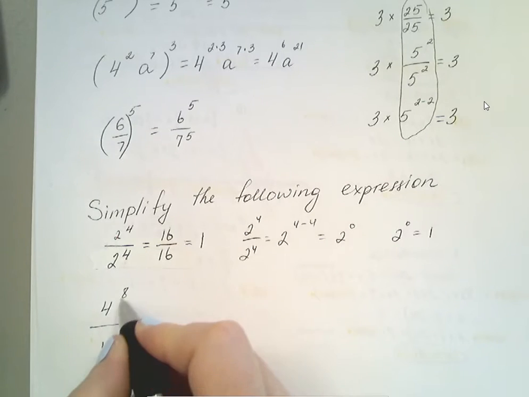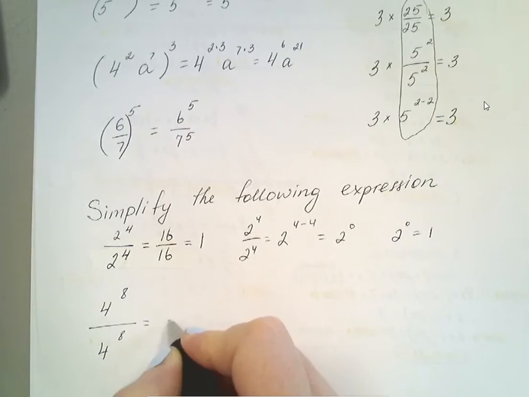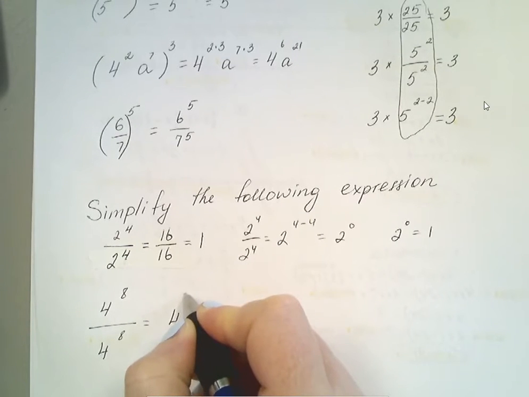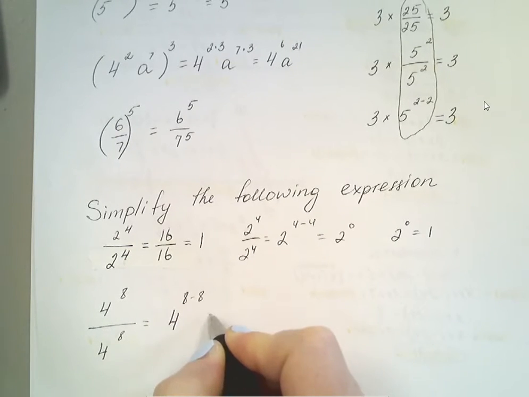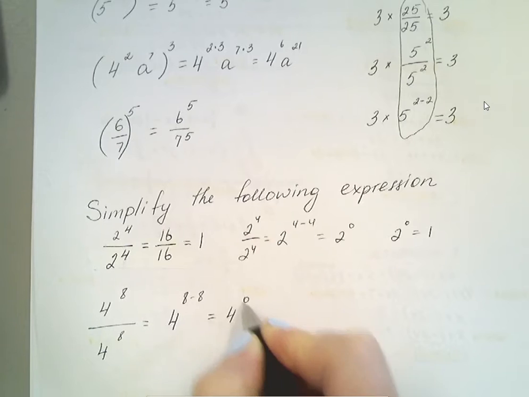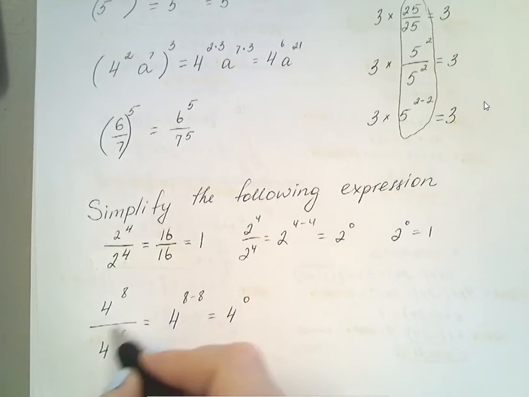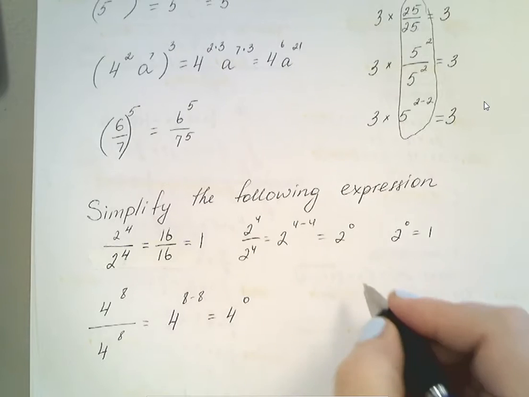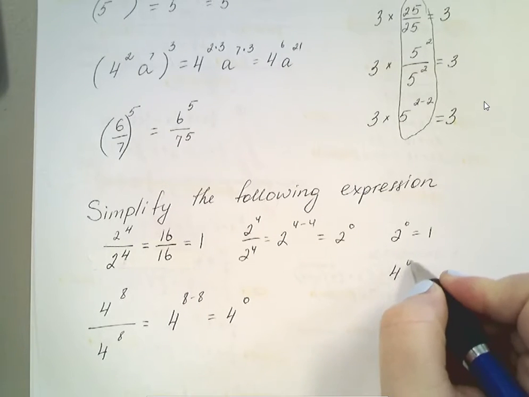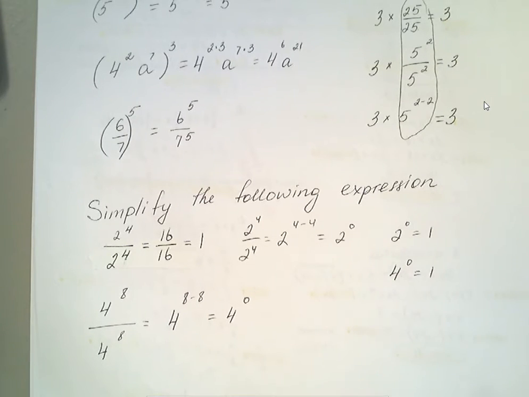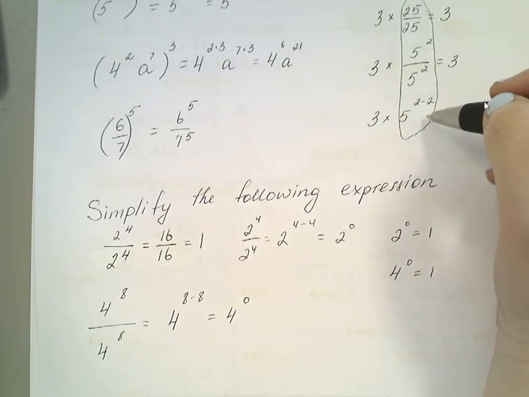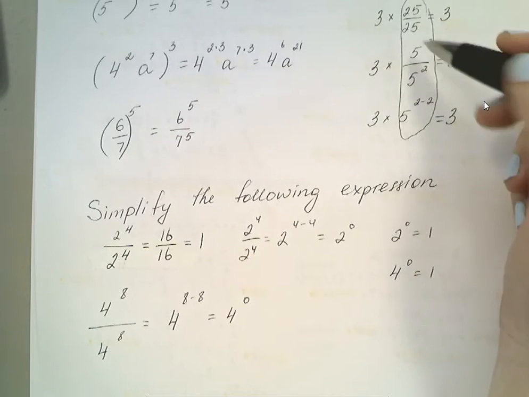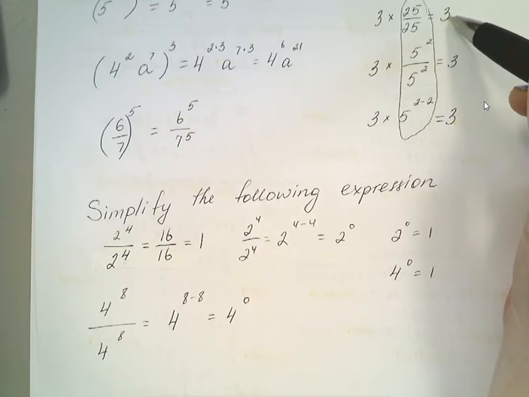Here I have 4 to the 8th divided by 4 to the 8th, which is 4 to the power of 8 minus 8, which is 4 to the 0th. But isn't a number over itself one whole? Okay, so 4 to the 0th is one whole. Here in my previous example, we discovered that a number multiplied by a different number equals the number itself.